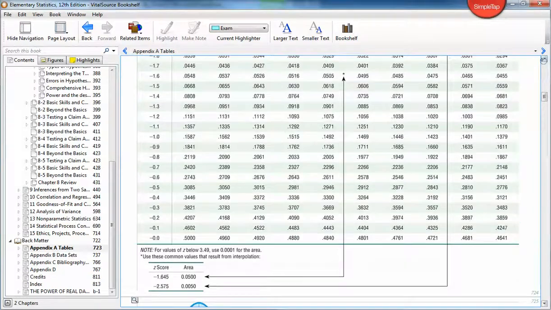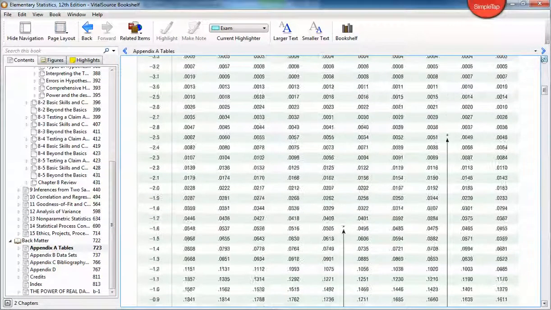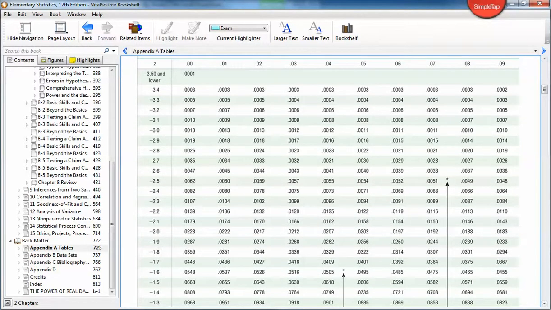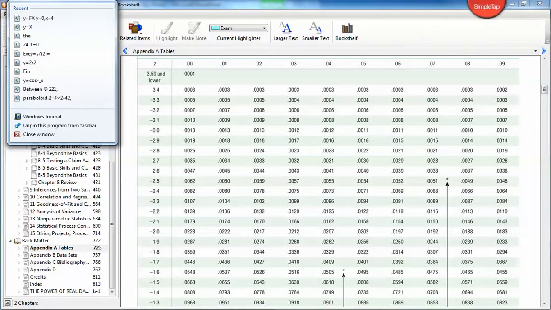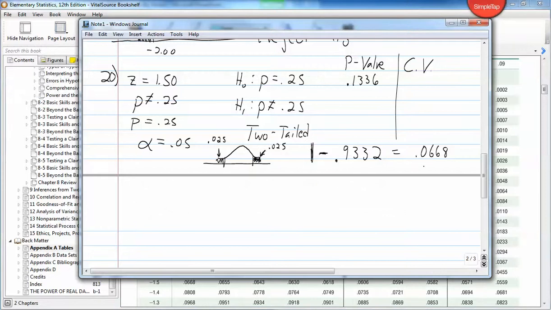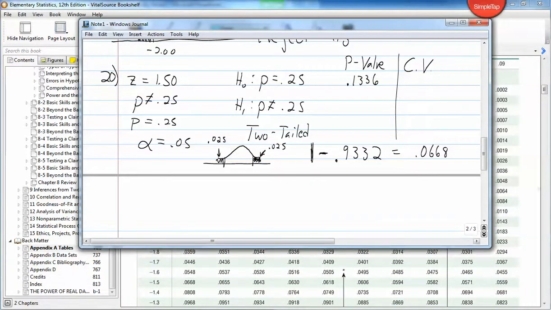So 0.0256, negative 1.95. Yes, the one to the right of it is exactly that.